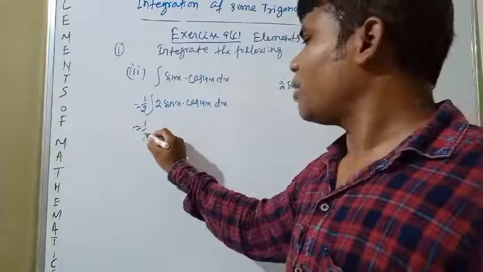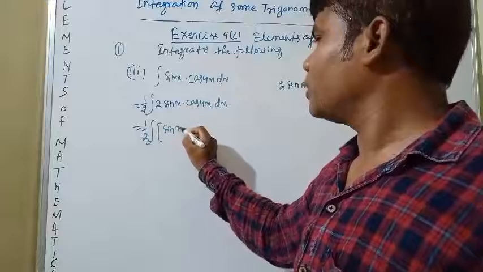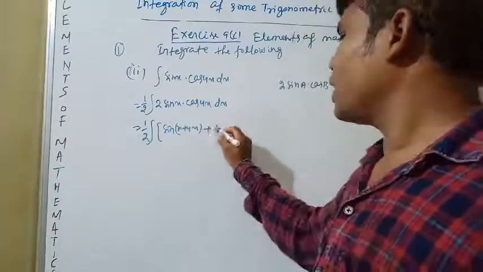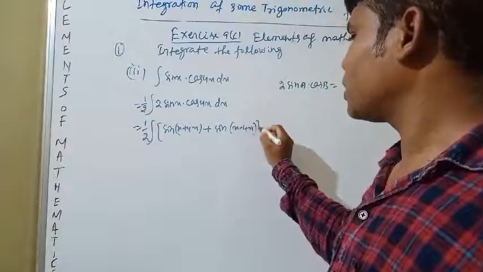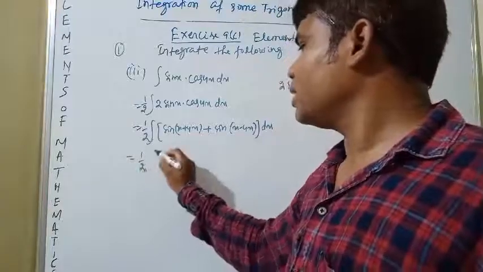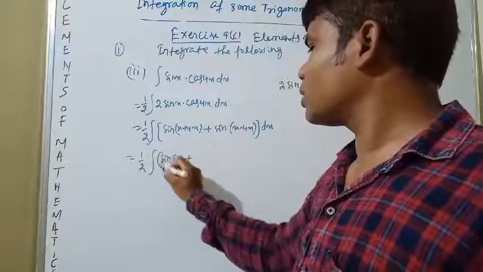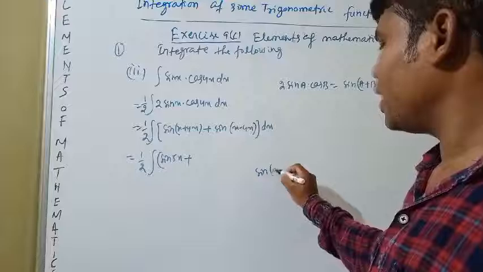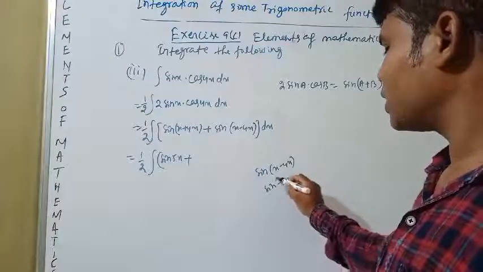Here you see half, this is integration of sin a plus b, x plus 4x, plus sin a minus b, x minus 4x dx. Is equal to half integration of sin 5x plus sin x minus 4x. You see sin of x minus 4x is equal to sin of minus 3x.